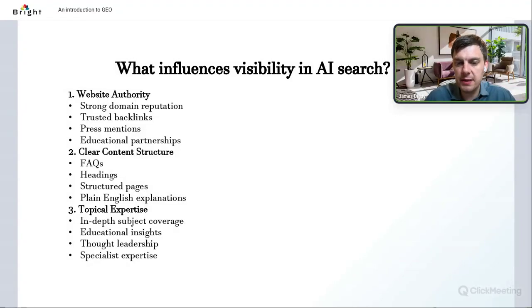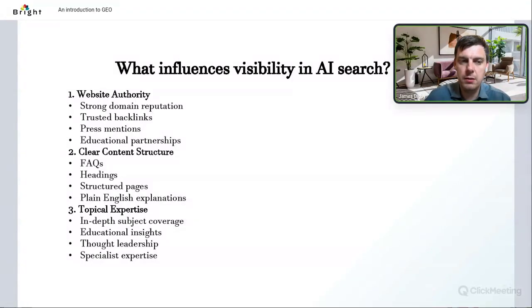But these are the types of things that at the moment, as part of our GEO service for clients, we're seeing is currently having the biggest impact on visibility within AI search. So that website authority, which is all about domain reputation, does have, to a certain degree, a reliance on trusted backlinks still.